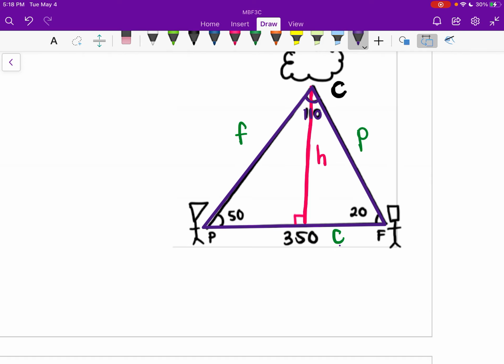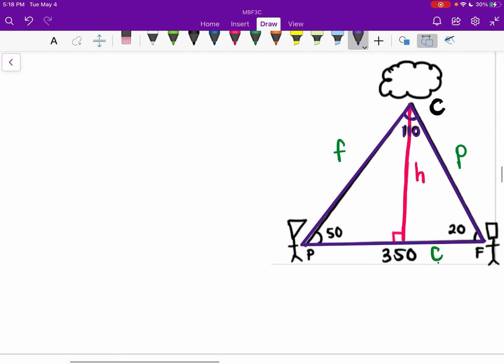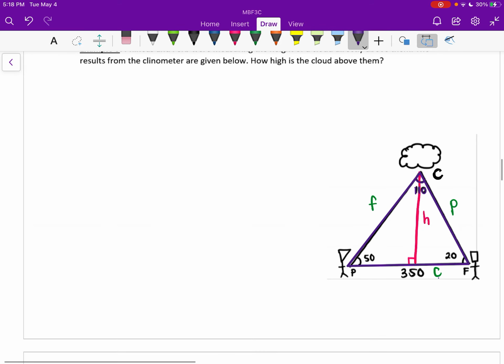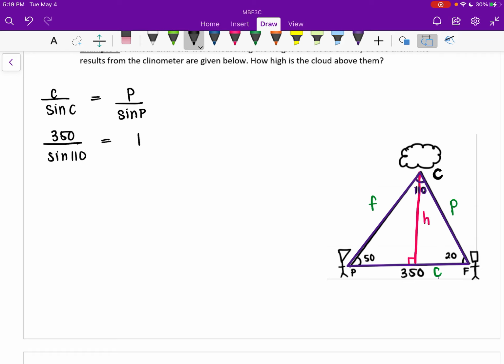So I went in and I found side P. In order to find side P, I'm going to use side C over sine C is equal to side P over sine P, just using sine law. Since I know that C is equal to 350, and angle C is equal to 110, P I don't know what that side is yet, so I'm just going to write it in like that.